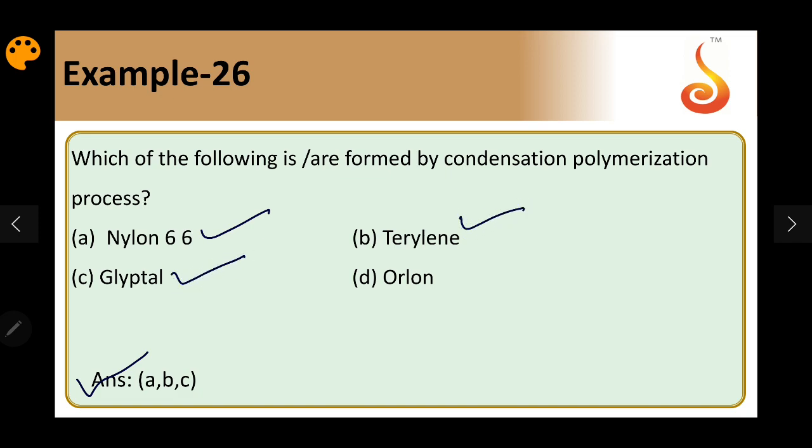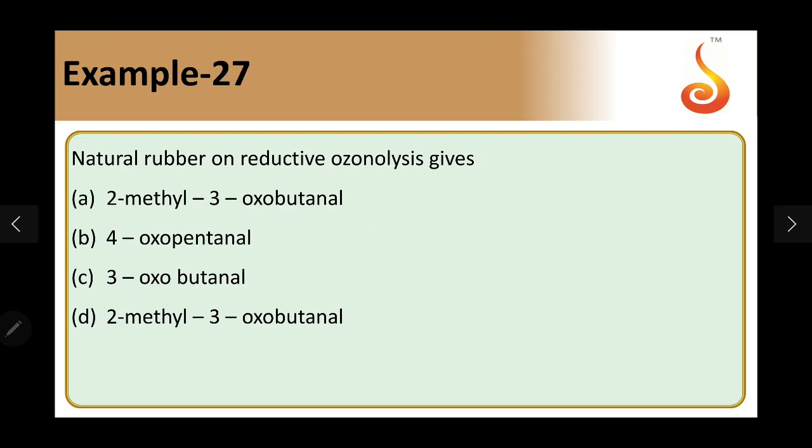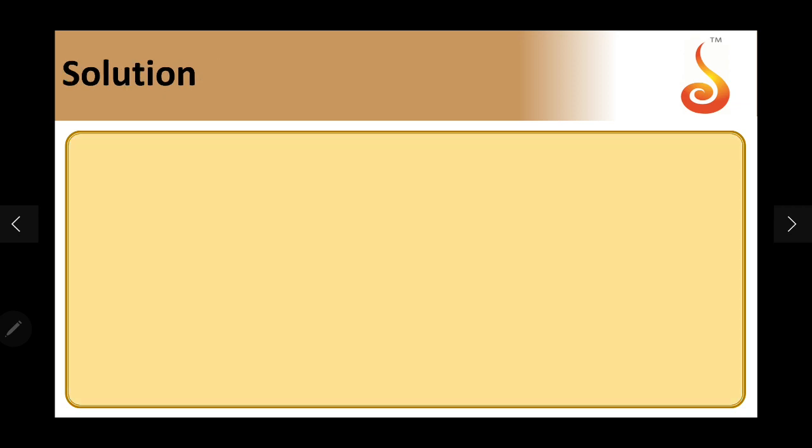Question number 27. Natural rubber on reductive ozonolysis gives. So we'll go to the solution part first. Natural rubber is formed by isoprene. So what is the structure of isoprene?